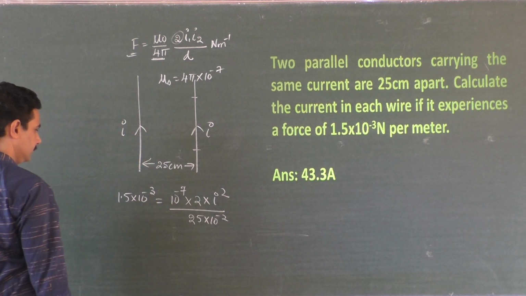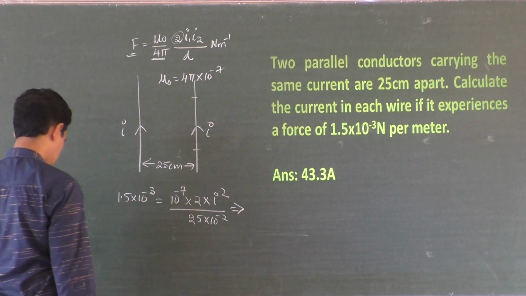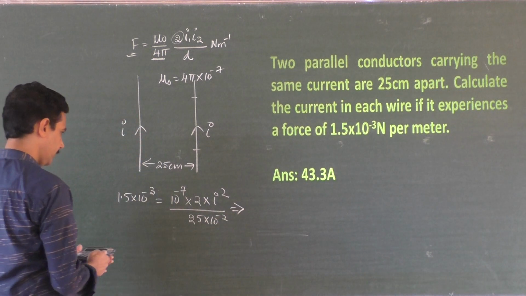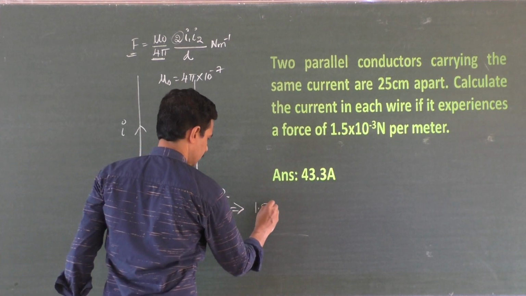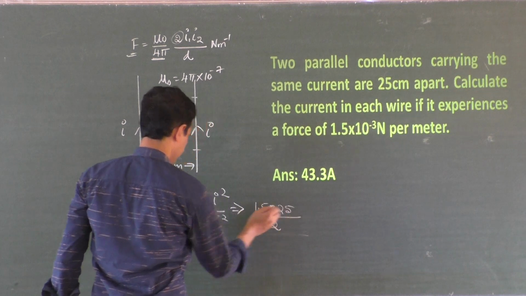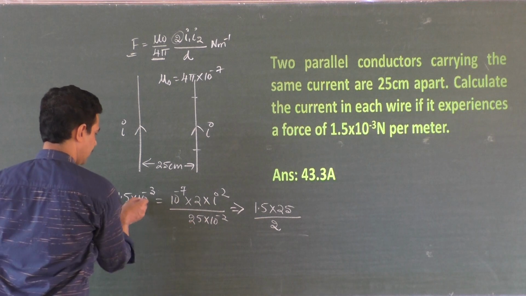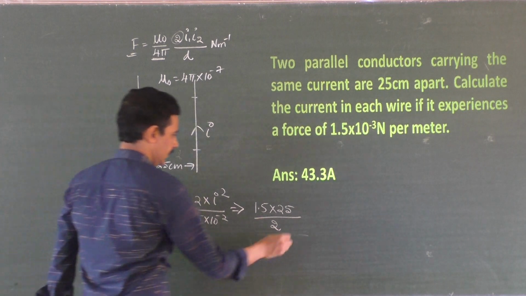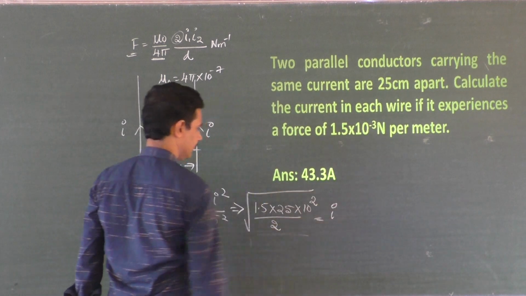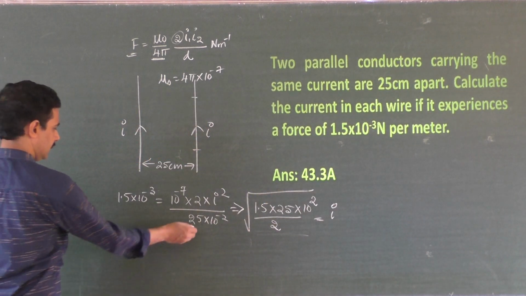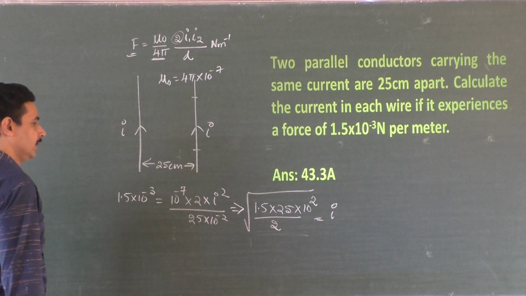Okay, I think you have to use the calculator. That implies you will bring this here: 1.5 into 25 divided by 2, 10 to the power minus 5, this is plus 7, 10 to the power 2, square root, equal to I. Correct? 25, 1.5, 10 to the power minus 5, this plus 7 and 2.